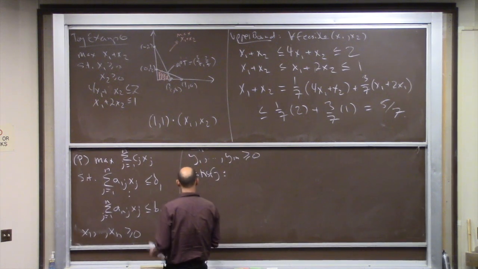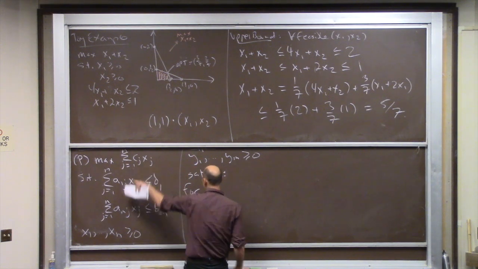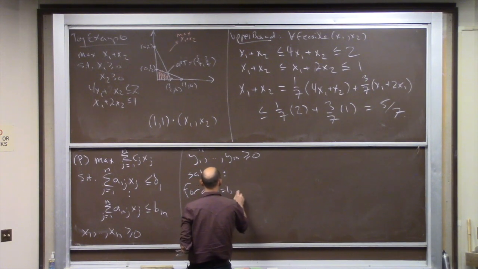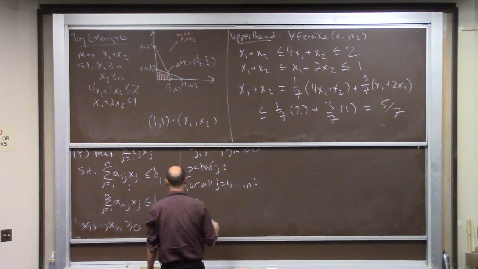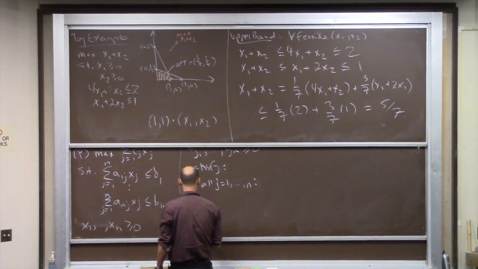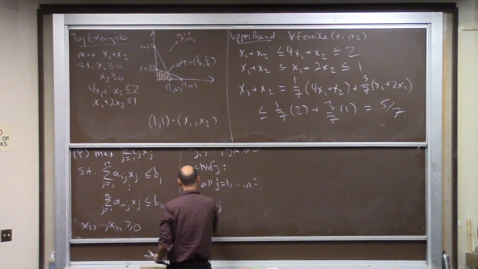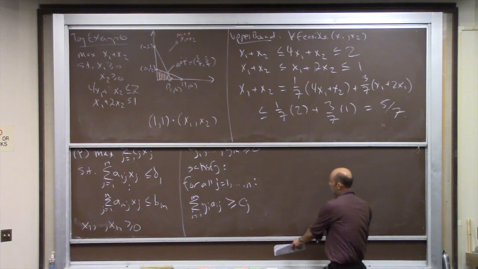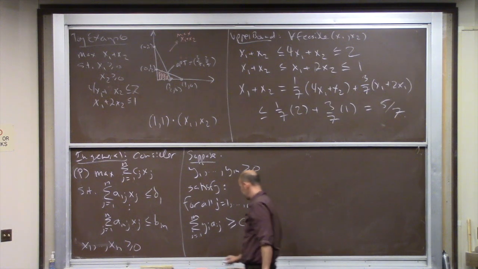It means that for every coefficient of the objective function, of which there are n, so for all j equal 1 up to n, the coefficient that I get on a given decision variable, which in general is written like this, should dominate that coefficient of the objective. We're going to call this star.